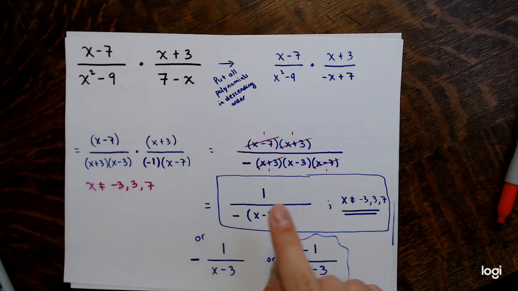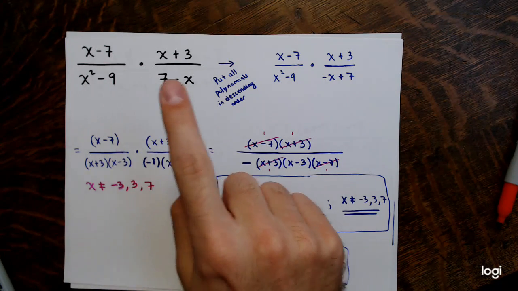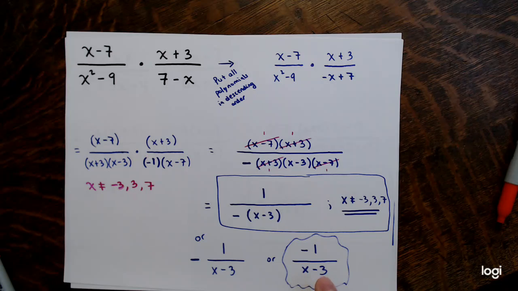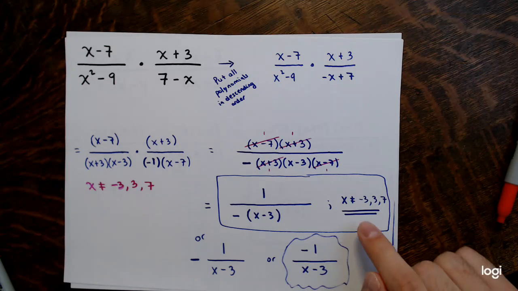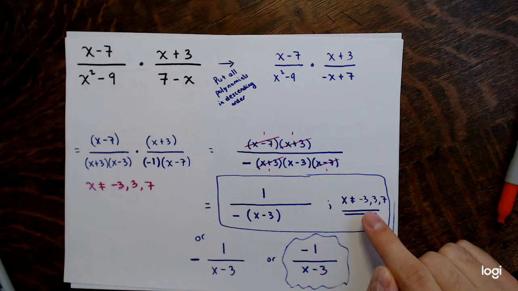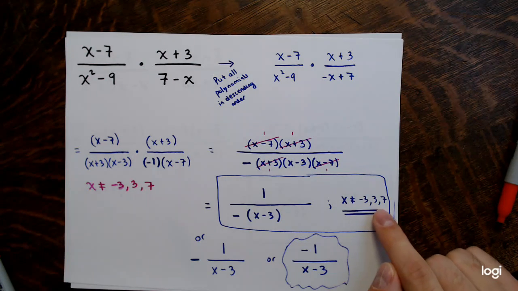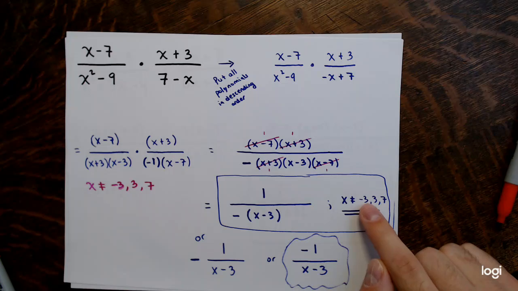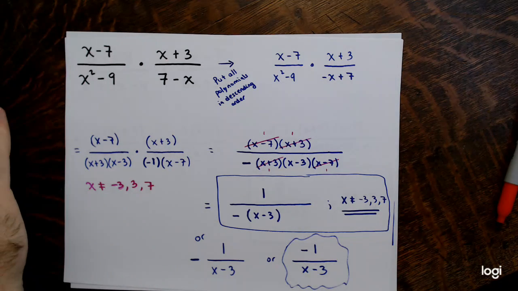No matter how you plug it in and which one of these you do, you get +1/3. So the value of this product and the value of this are indeed the same when x is 0. It would be that way for when x is 1, a billion, 5, a Google, 1/5, as long as you're not using -3, 3, or 7.